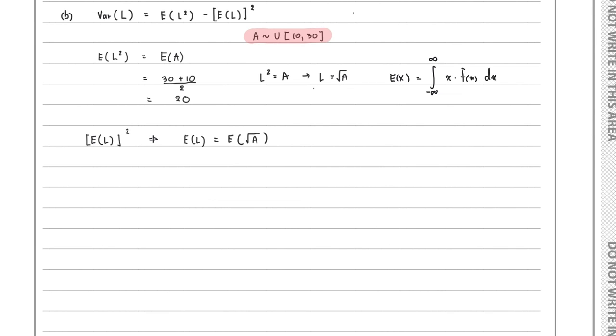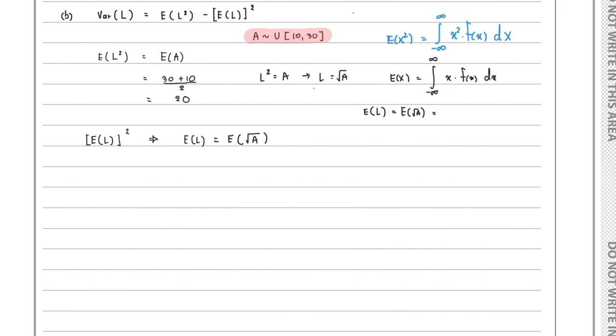In this case, we wanted to find E of L, which is E of square root A. Well, to find E of square root A, it's the same as when you find E of x squared. And to find E of x squared, it is the integration from negative infinity to infinity of x squared itself, but you still multiply with f(x) and dx.